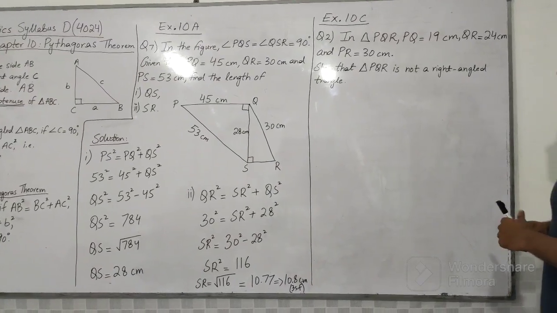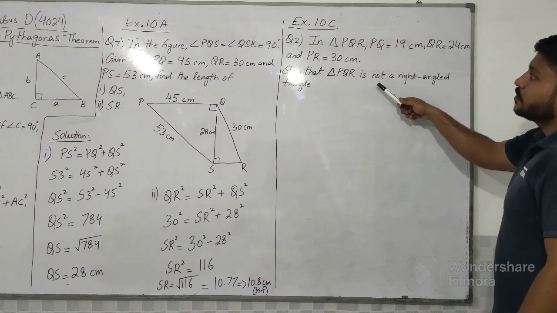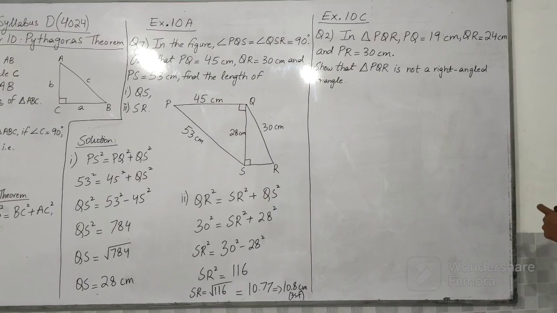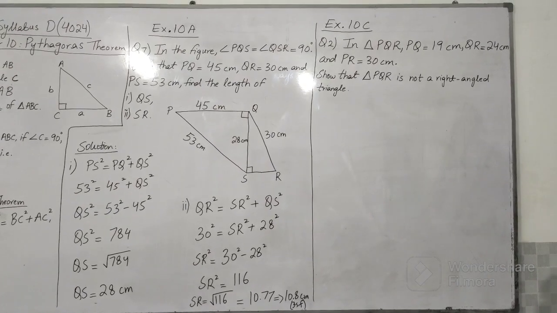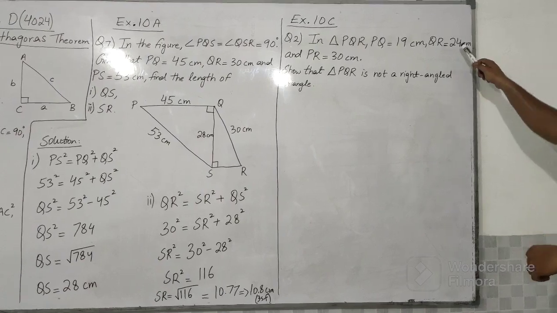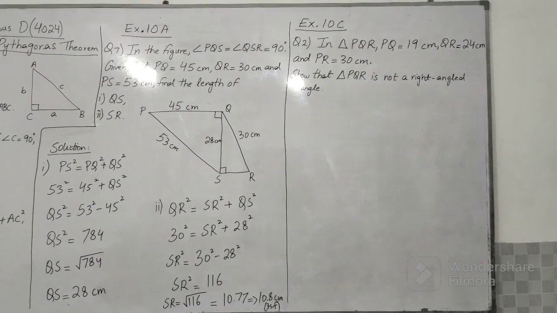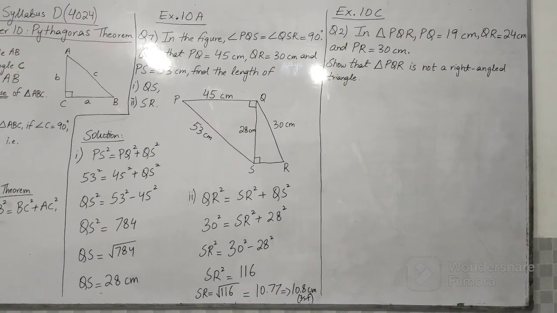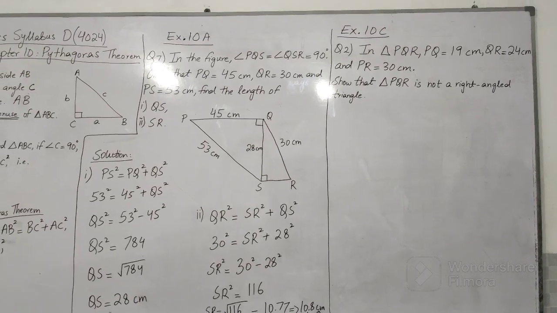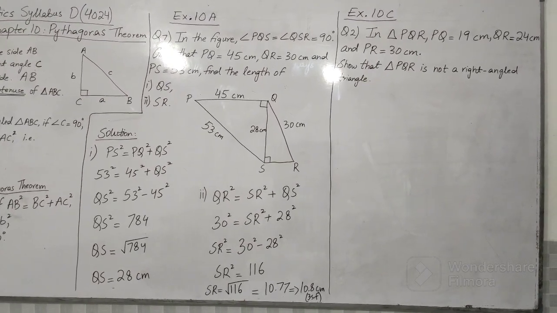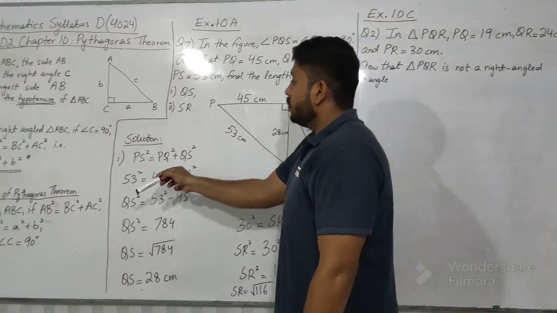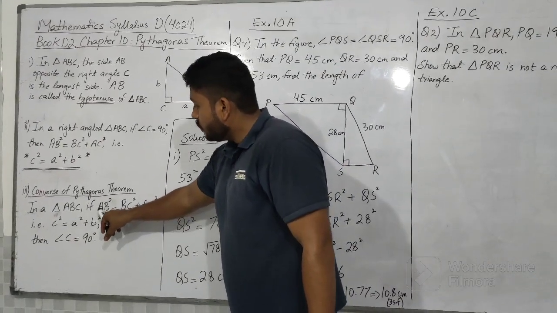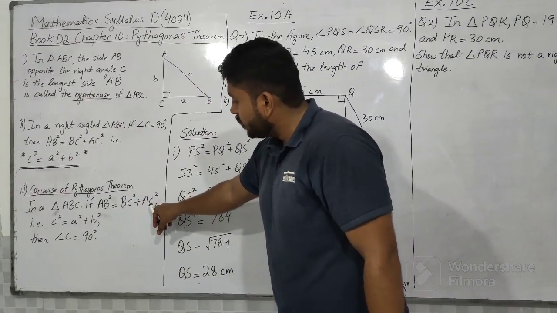Okay, so moving on to the converse of Pythagoras theorem, we have a question regarding that, of exercise 10C, question number 2. In triangle PQR, PQ equals 19 cm, QR 24 cm and PR 30 cm. Show that triangle PQR is not a right angle triangle. So if you come here to the converse of Pythagoras theorem, we have AB square equals BC square plus AC square.